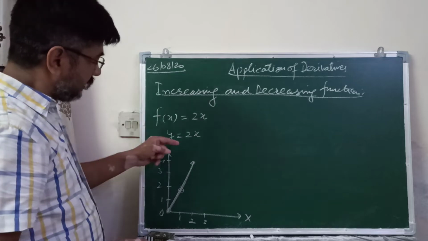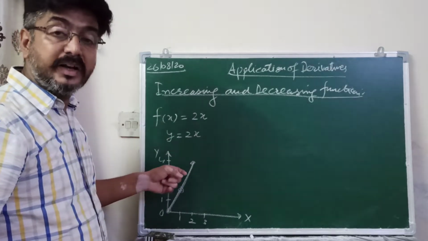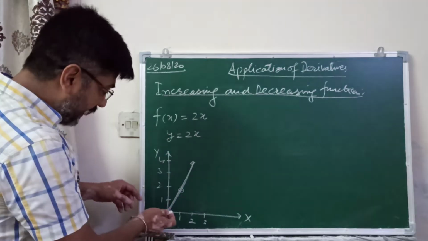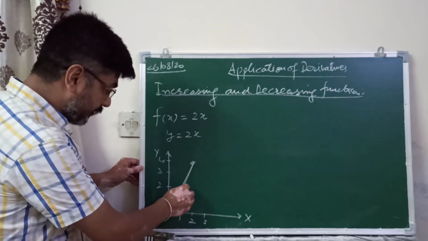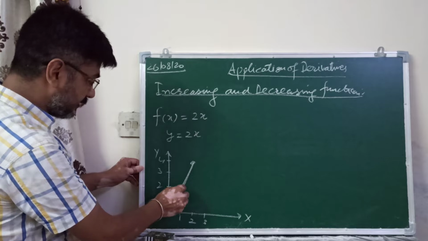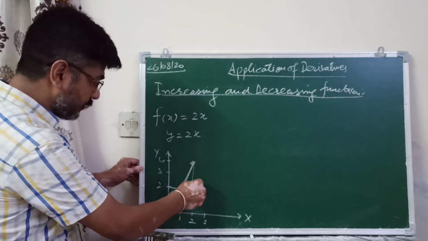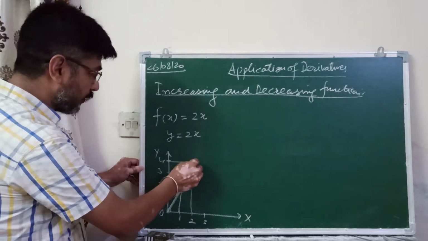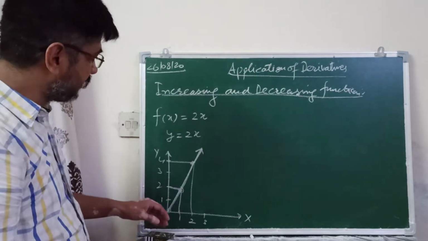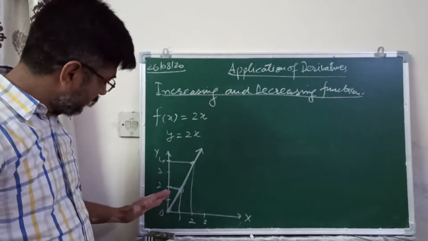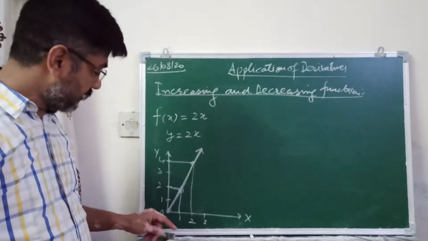Now, this is an increasing function because as x increases, y is also increasing. At x equal to 1, it is 2. At x equal to 2, it is 4. So this is a graph in which if x increases, y also increases.